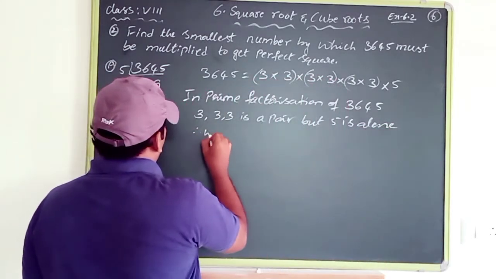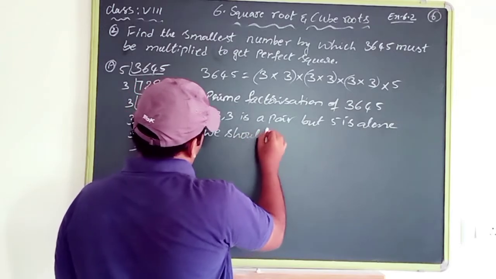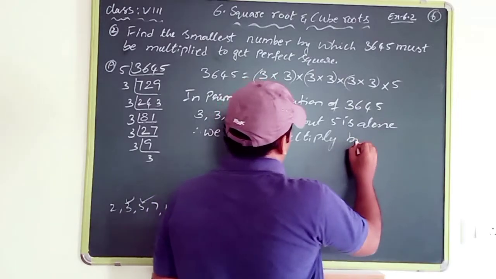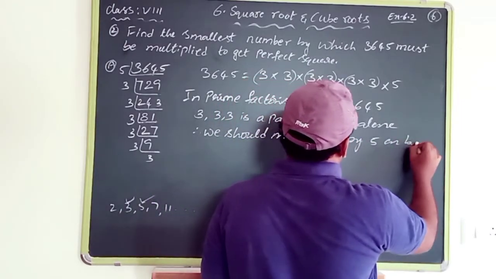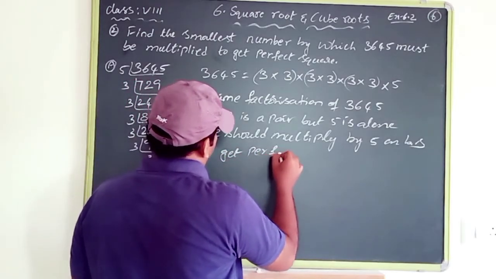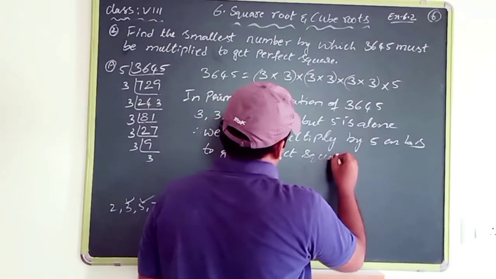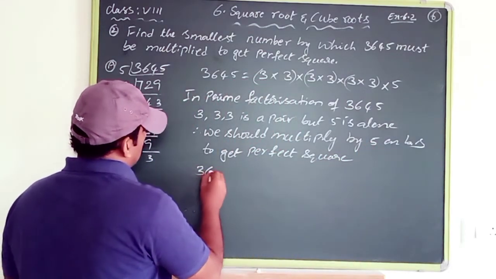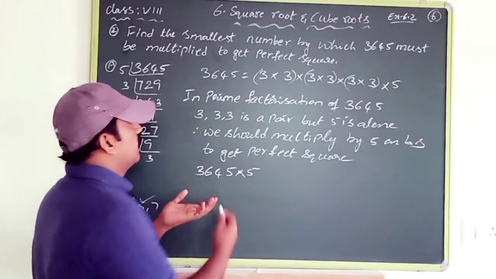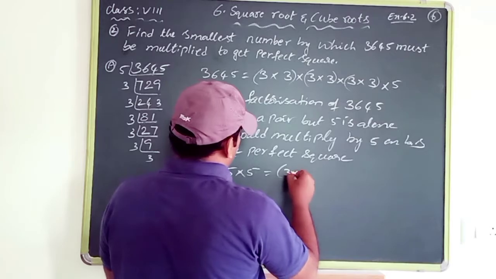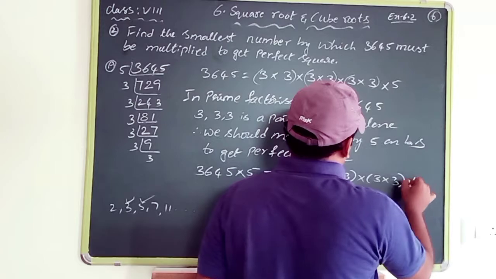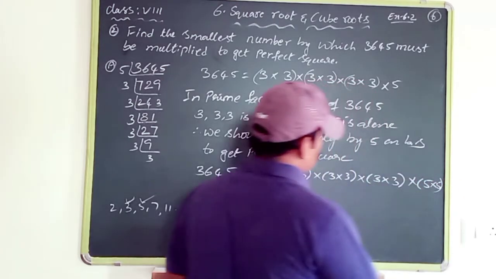Therefore, we should multiply by 5 on both sides to get a perfect square. So 3645 into 5. I am going to multiply with 5 here, and on the right hand side as usual we have 3 into 3 into 3 into 3 into 3 into 3 into 5 into 5, with one more 5 multiplied here.